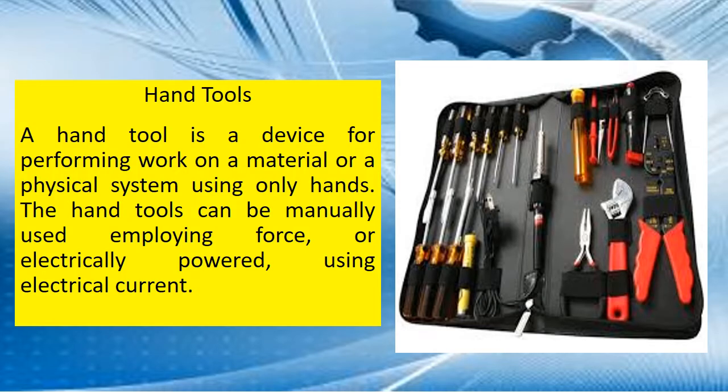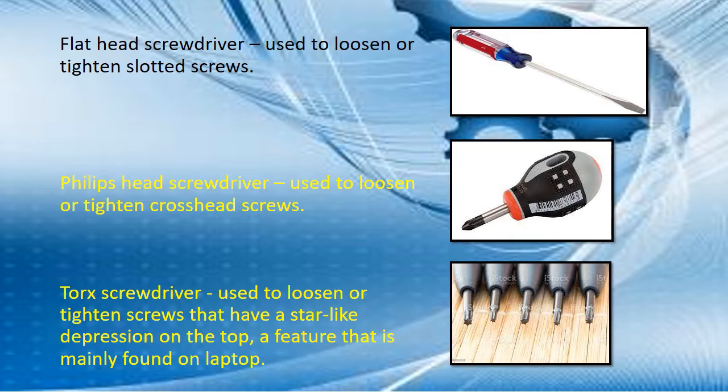A hand tool is a device for performing work on a material or a physical system using only hands. The hands can be manually used employing force or electrically powered and using electrical current. So we have here the hand tools. First we have the flathead screwdriver, which is used to loosen or tighten slotted screws.